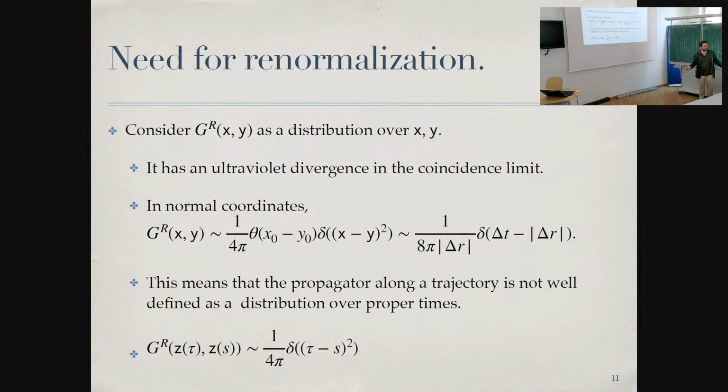Independently of the spacetime you're dealing with, if you go to normal coordinates, very close to some point, and you start looking at things around, the thing goes more or less like this. If you know a little bit about these things, you will recognize that this is the retarded propagator of the Klein-Gordon field for a massless field in 3+1 dimensions. So it's a reasonable thing. When I go very close, it starts looking like it was a massless field.